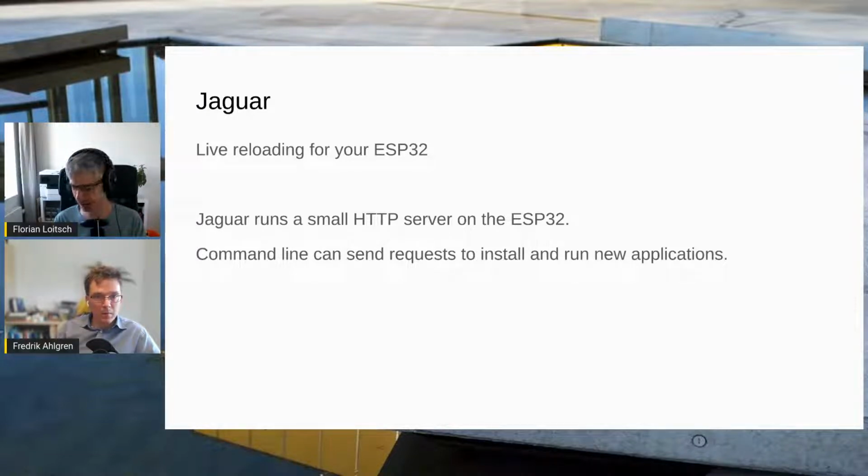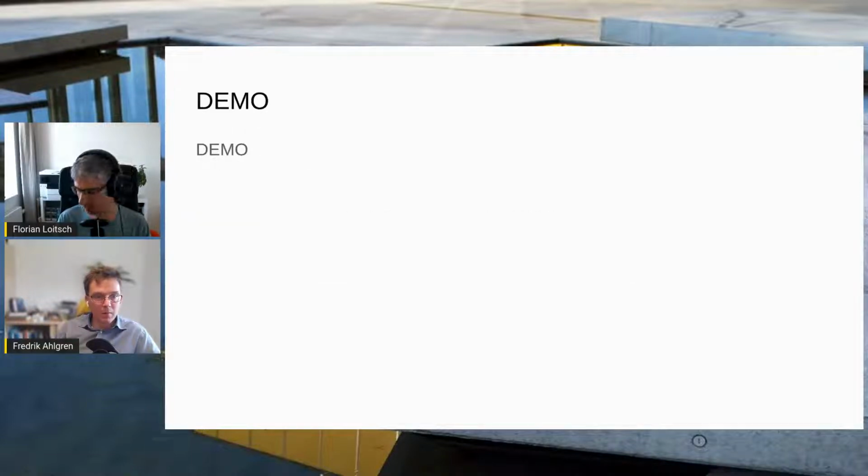The one on the ESP serves a small HTTP server, and then the command line sends UDP broadcast requests to basically say, I have this application for you, install it and run it. As soon as you are in the same network, you can just run the applications and update them. It just works. It's very nice. And now it's time for actually showing a demo.